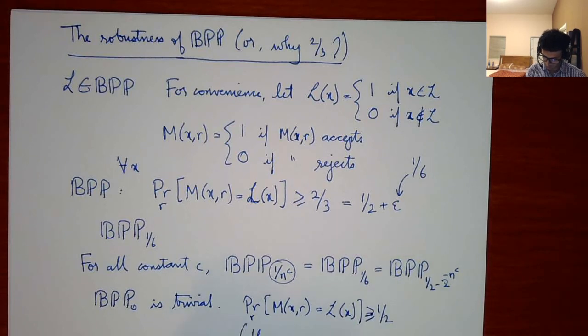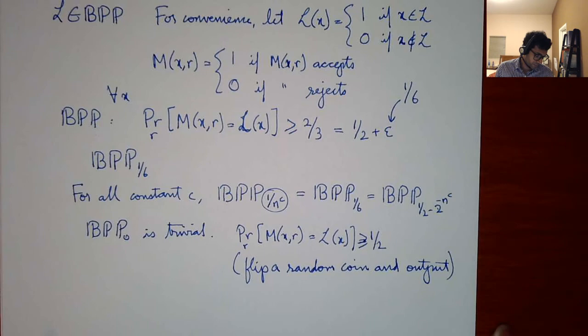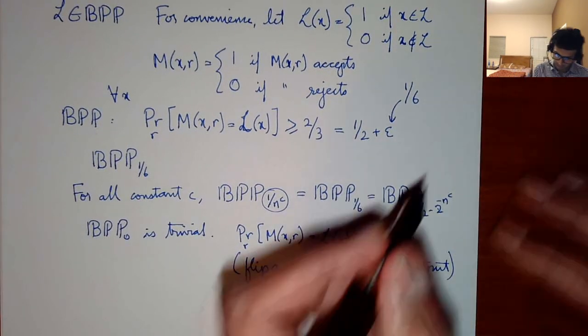Just flip a random coin and output. And your probability is going to be a half of guessing correctly. So it's only interesting when it's half plus epsilon for some epsilon that's non-zero.